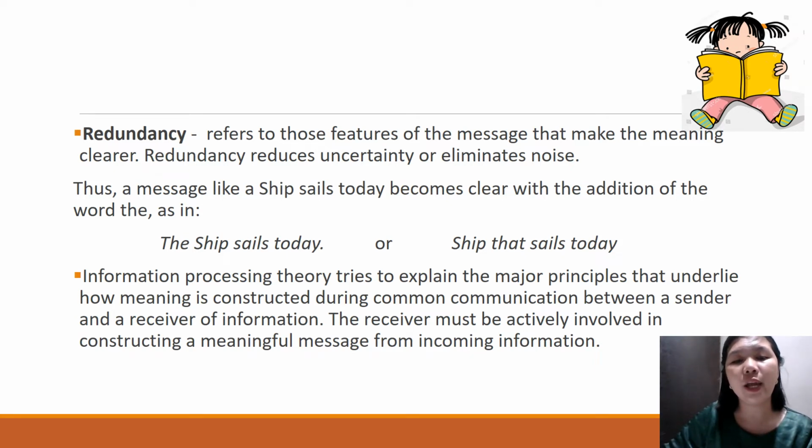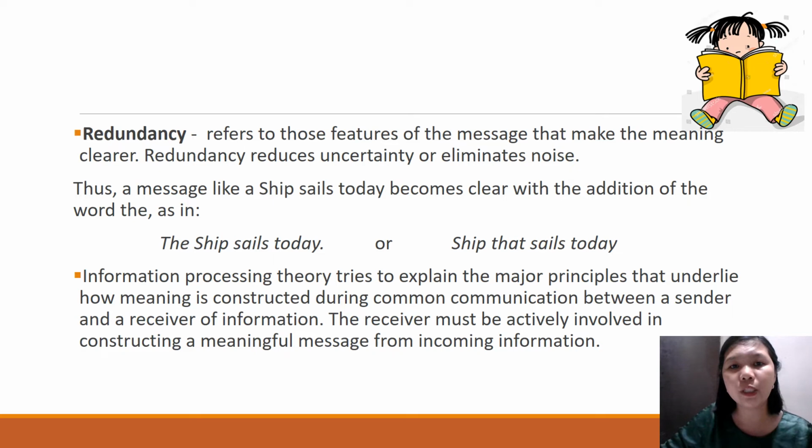The other major aid comes from your prior knowledge of the meaning content of the information. The more you know about the subject of the message, the more likely you will be able to understand it. In summary, information processing theory tries to explain the major principles that underlie how meaning is constructed during communication between a sender and a receiver of information.